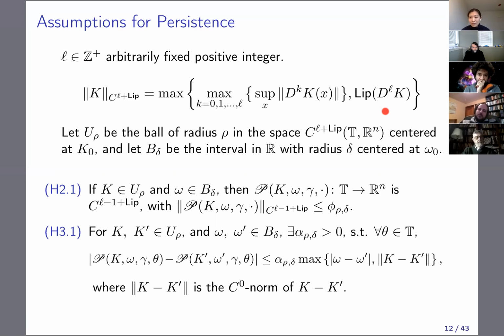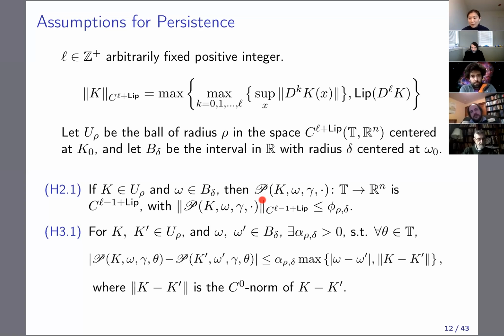And we need to make two assumptions to get the persistence of the periodic orbit. The first one is what we call H2.1. We will refer to this assumption as propagated bounds. It basically says that this calligraphic P maps a C^L plus Lipschitz ball around the unperturbed parameterization K0 to a C^(L-1) plus Lipschitz ball.